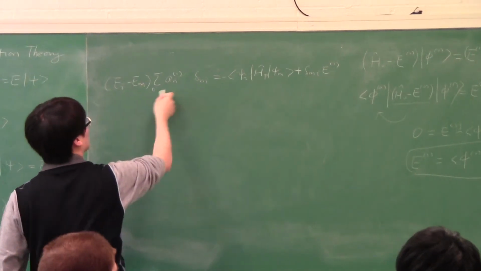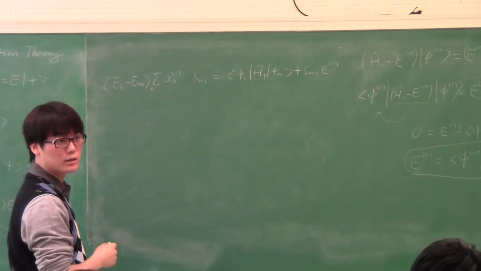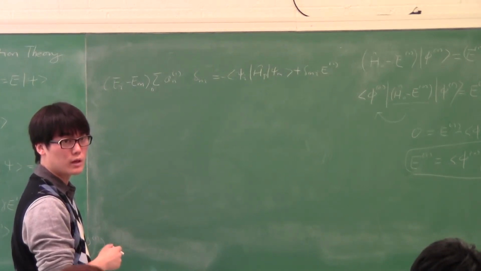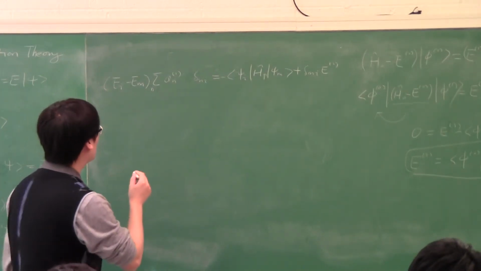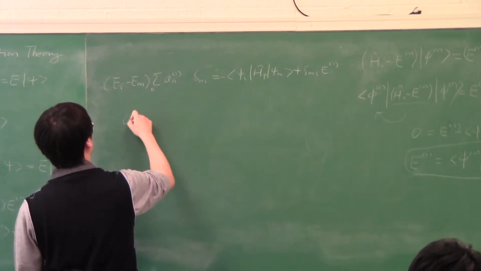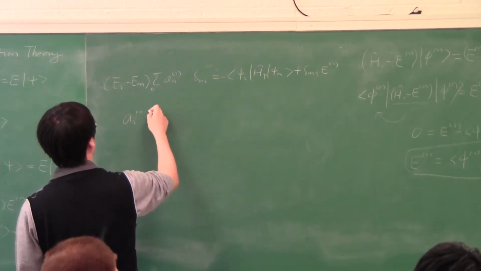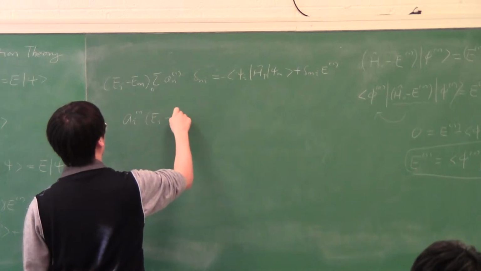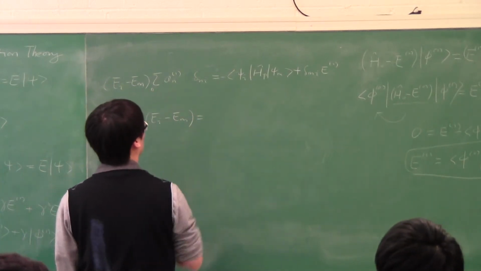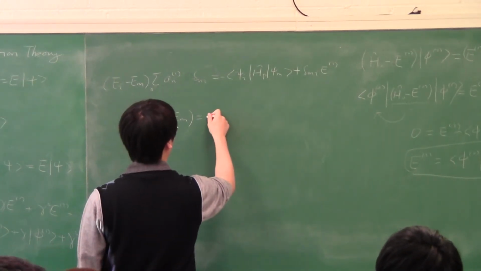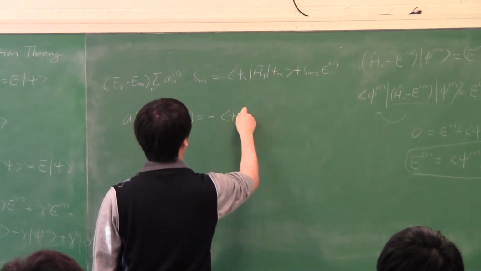And of course, this is going to single out the ith component from the summation. Right? So we get that a_i to the first order is equal to minus V_im.